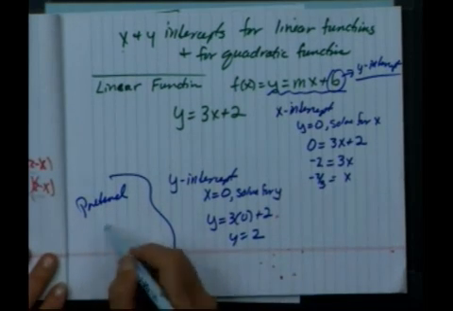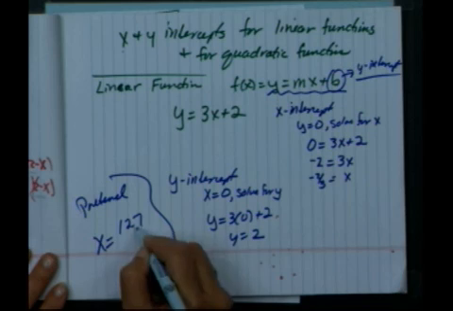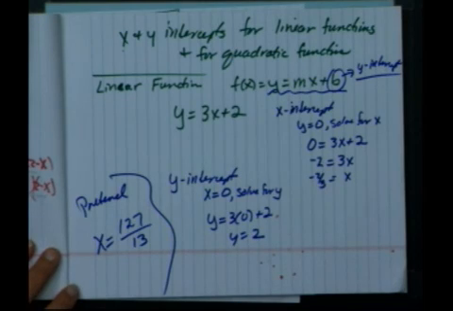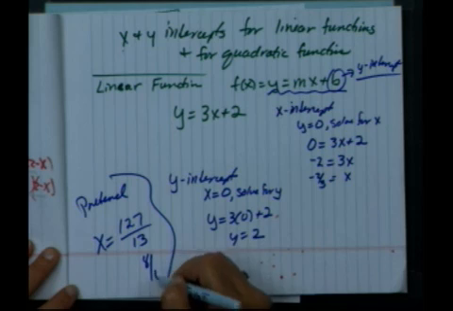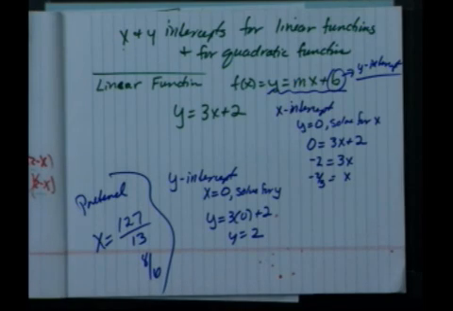If you work a problem out and it came out x equals 127 over 13, you just leave it. You don't need to do any long division, just change it to a decimal. Even if you get 8 over 6, I don't care that you simplify it even further. So just leave your numbers exact.